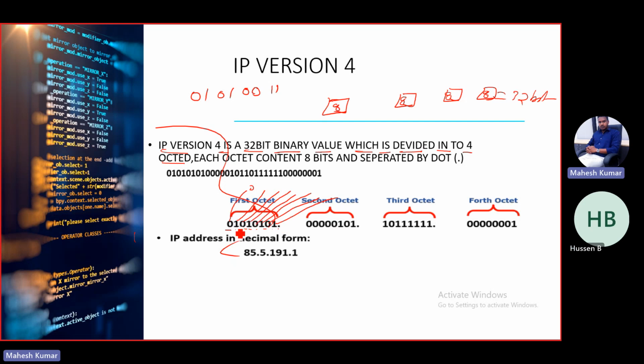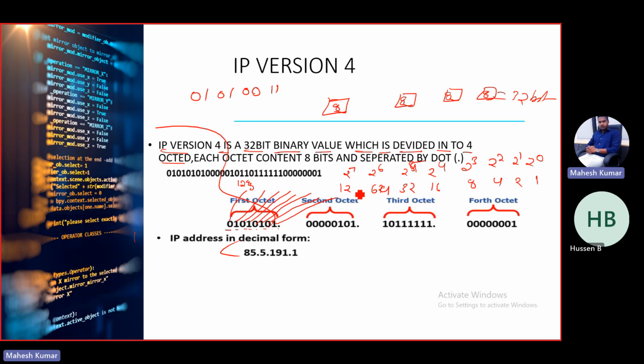If the last bit is 0, then its value will be 0. If it is 1, then the value will be 128 for the first position. The second one is 64, like that: 2 to the power 7, 2 to the power 6, 2 to the power 5, 2 to the power 4, 2 to the power 3, 2 to the power 2, 2 to the power 1, 2 to the power 0. 2 to the power 0 means 1, 2 to the power 1 means 2, then 4, 8, 16, 32, 64, 128.